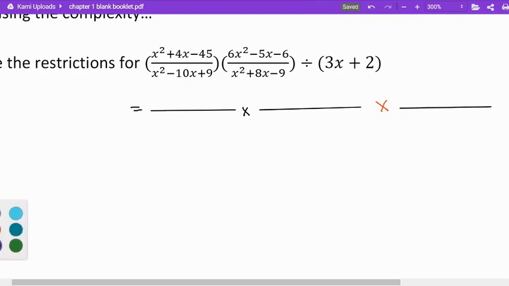So how do I write the reciprocal of 3x plus 2? Well, the 3x plus 2 goes in the denominator, and the numerator is just a 1. Okay? We're good? Okay, next.